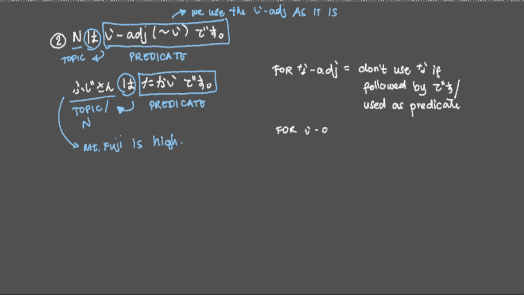For i adjectives, use as is. Okay, so we have these two. Noun wa na adjective without the na, desu, and noun wa i adjective with the i as it is, desu.